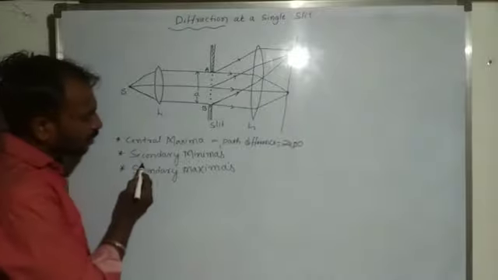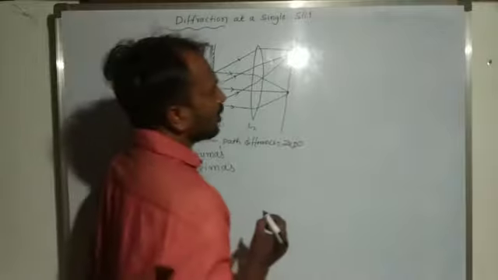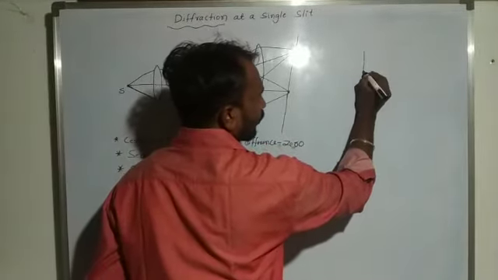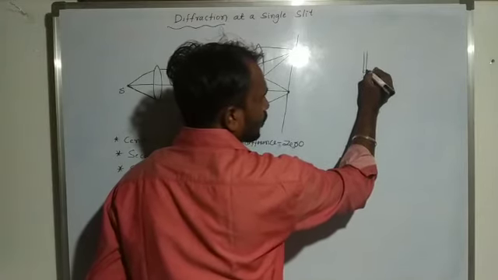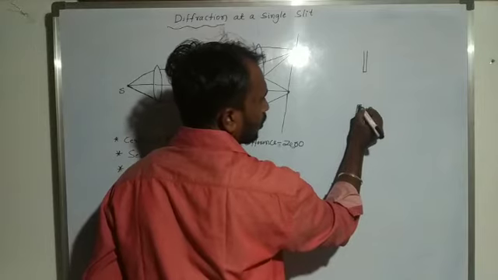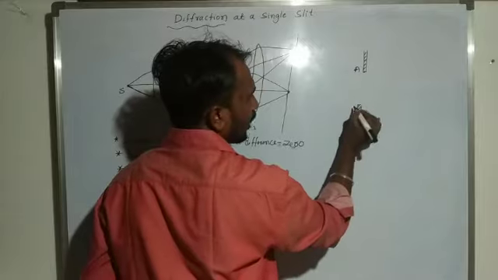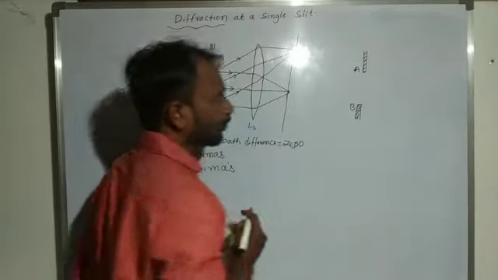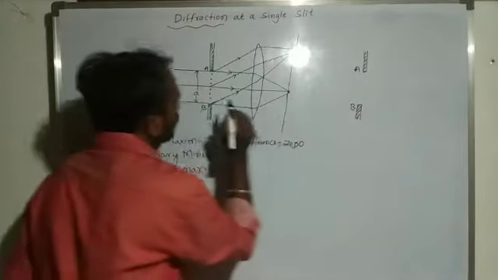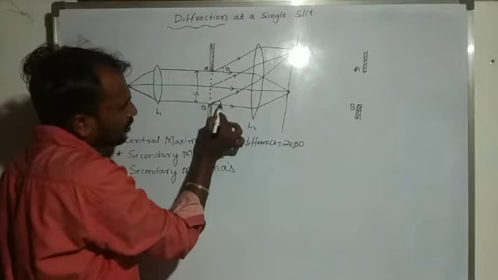Next we want to find out the secondary minima. Here we consider the slit. This one is the slit, this one is point A and this one is point B. Suppose this angle is theta and this angle is also theta.